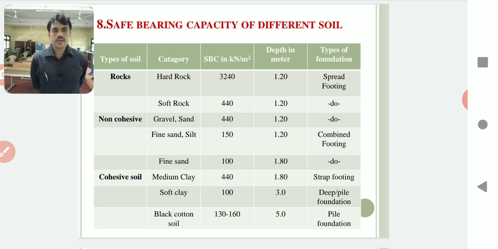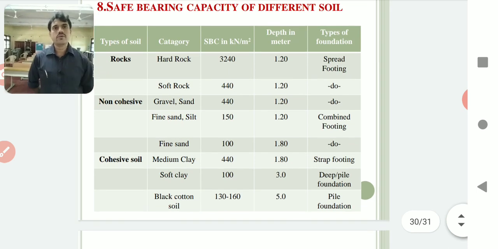And then in case of cohesive soil, medium clay or soft clay, for medium clay it will be 440 kilonewton per meter square, and then for black cotton soil it will vary from 130 to 160. You can observe here, black cotton soil is giving very less bearing capacity. Rocky type of soil gives 3240 kilonewton per meter square. So this is how it varies.